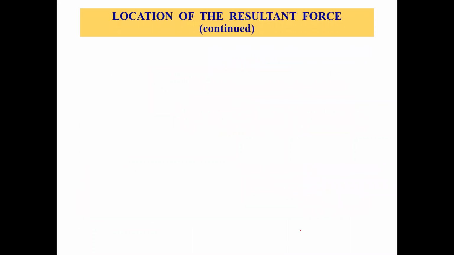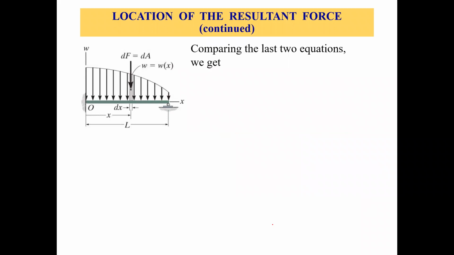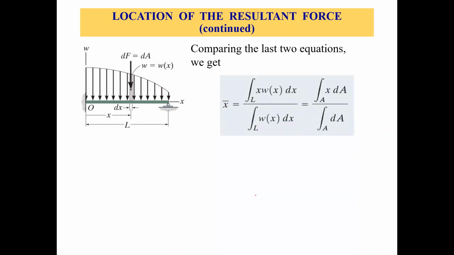Okay. Now just equate these two equations, because both are the net moments. We can get the value of x bar from those two equations. So x bar equals the integral of x times dA divided by the integral of dA. Right, so this gives us x bar.